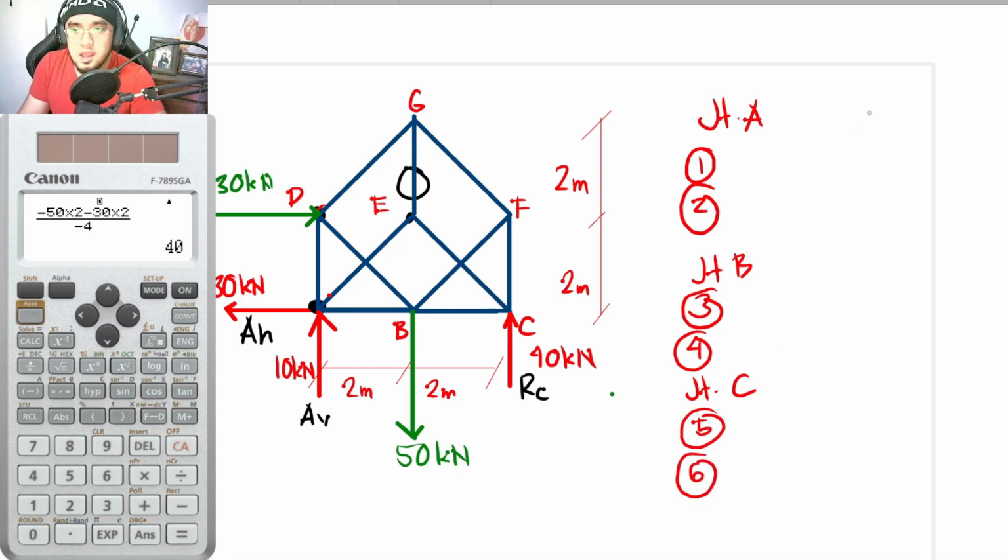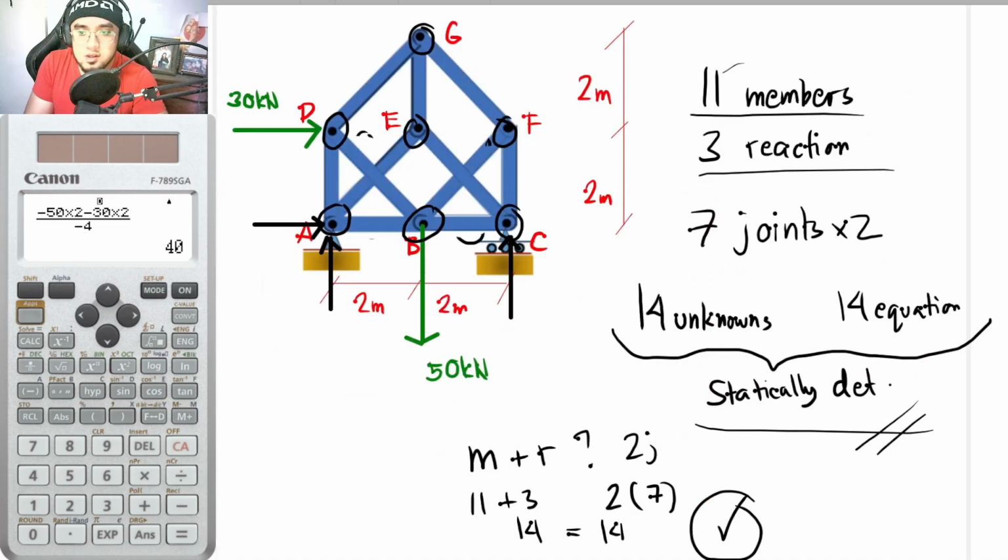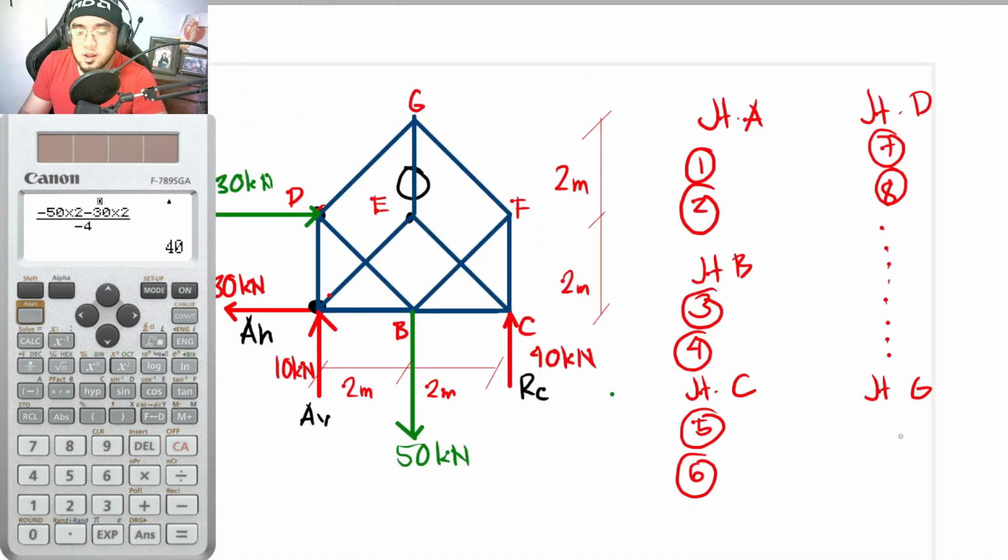For joint D, we have equation number 7 and equation number 8, up until joint D or G, I should say. So up until the last joint G, whereas we can now derive. So how many equations do we have? So we have 14 equations. So let's say that for joint G, you can formulate equation number 13 and equation number 14.